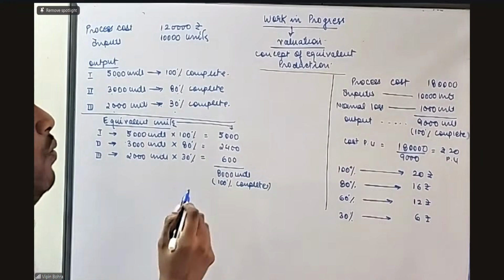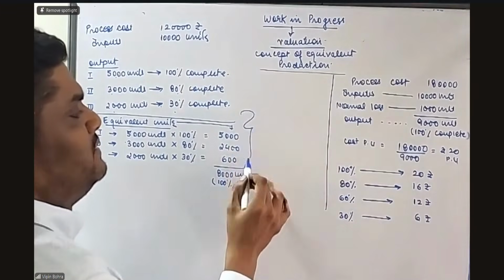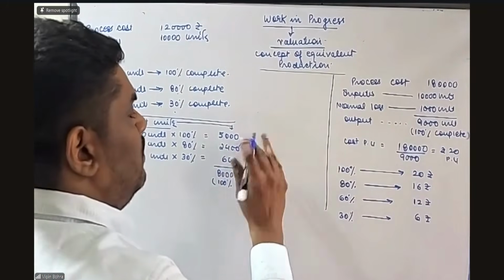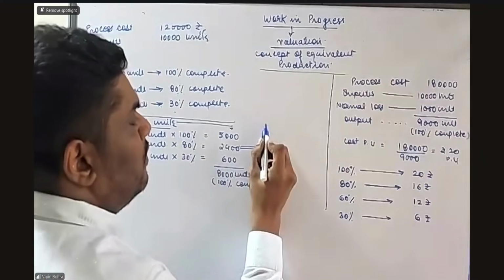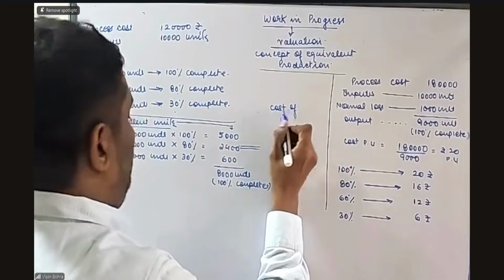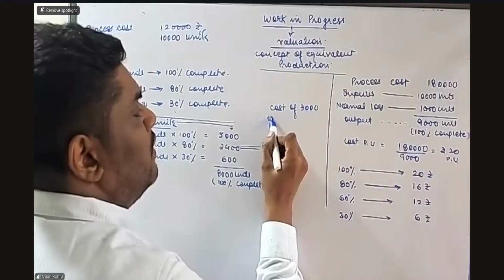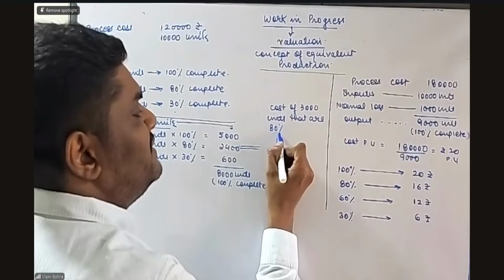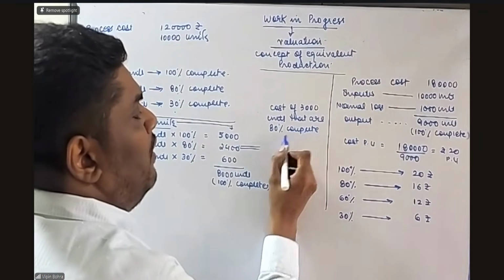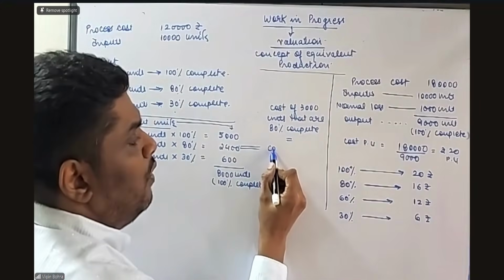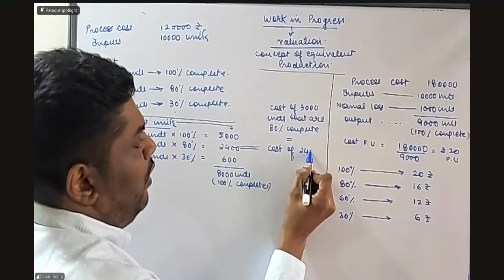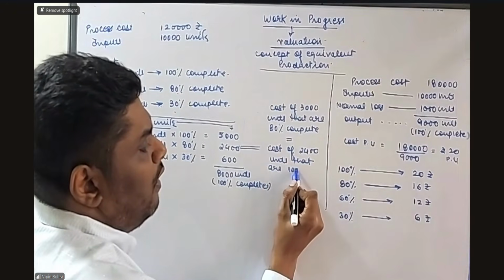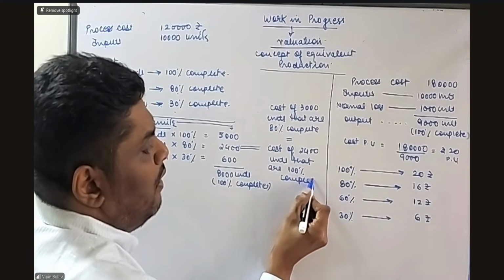So what this equivalent production says, for this part only I'm writing: the cost of 3,000 units that are 80% complete will be equal to the cost of 2,400 units that are 100% complete.